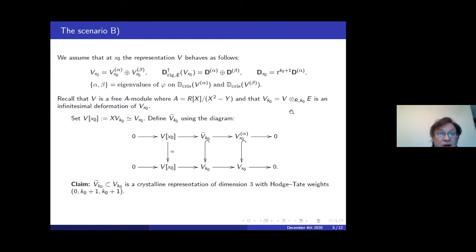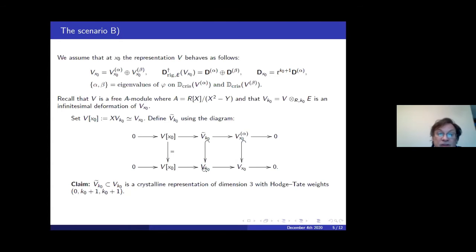Then we have the following diagram, so the bottom line is tautological.